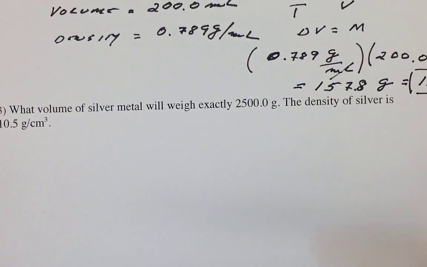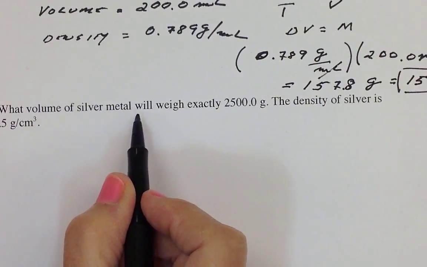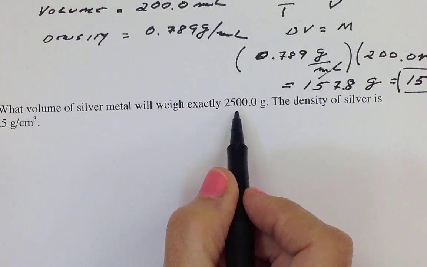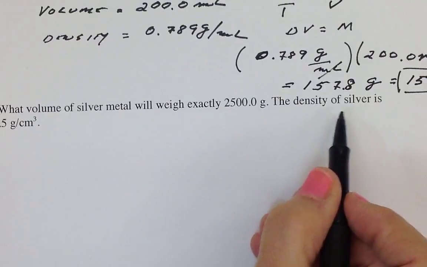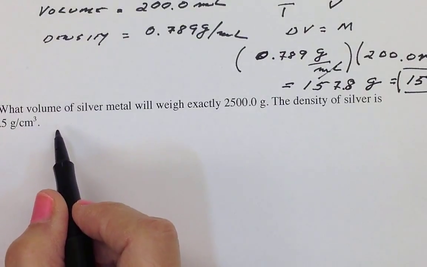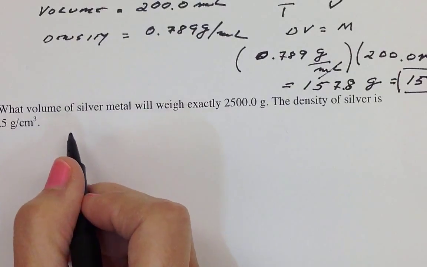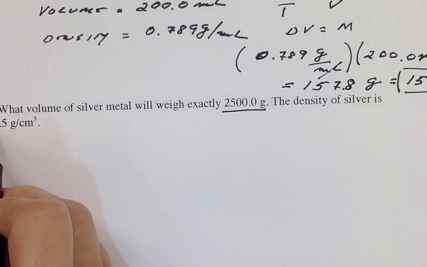Let's try one more problem. What volume of silver metal will weigh exactly 2,500 grams? The density of the silver is 10.5 grams per centimeter cubed. So, again, I want to see what is given.